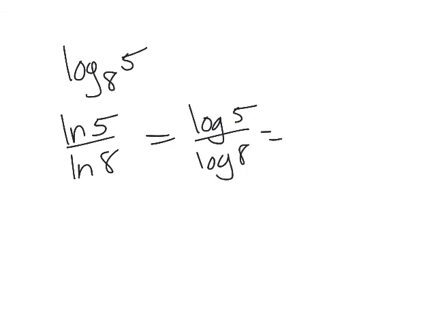In either case, you'll get some number like approximately 0.7740. You can check it out yourself with your calculator. It doesn't matter whether you use common log or natural log. The change of base is applicable to either one.